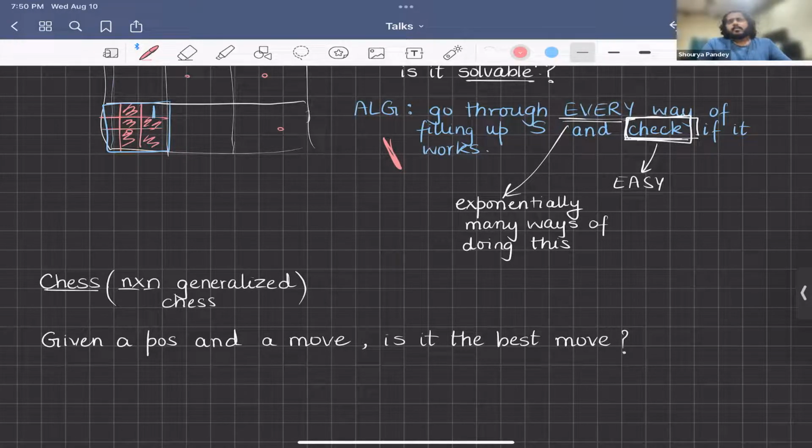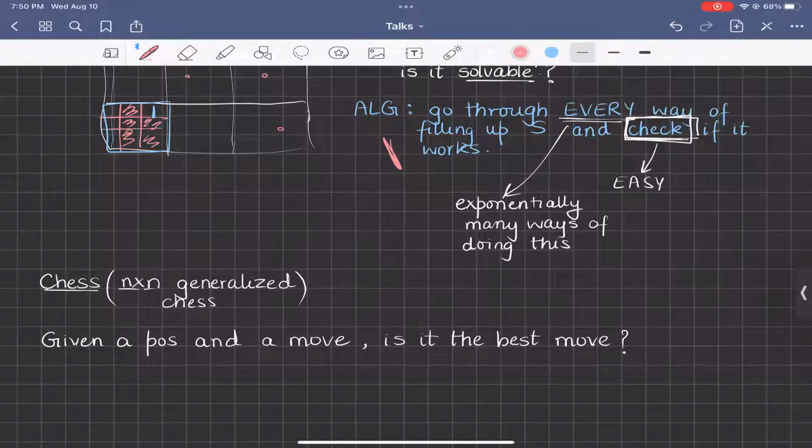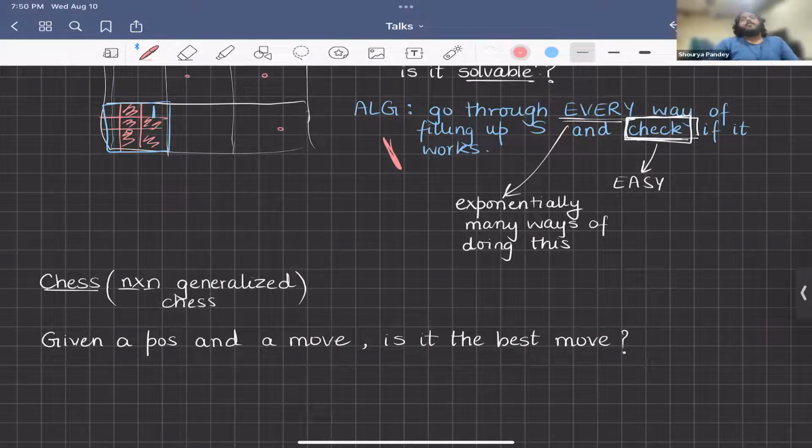Let's say n squared to the power 4n is also fine, because there are just 4n pieces, 2n on both sides. So it's n squared raised to 4n. That's the number of configurations. Sure. So okay, if that's the number of configurations, how much will you have to prove for?